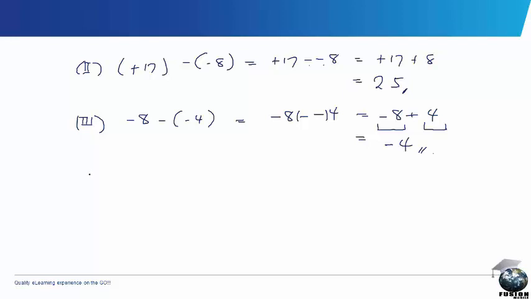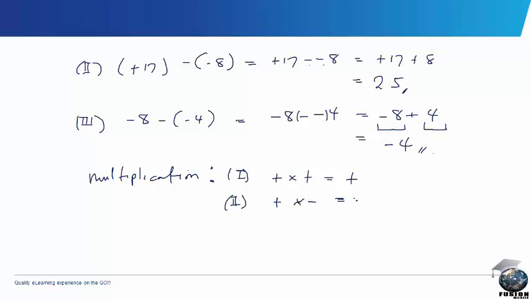In case you have questions to ask about this, we can revise what we said about multiplication. We say that in multiplication, when a positive sign multiplies a positive sign, the outcome is positive, and when a positive sign multiplies a negative sign, the outcome is negative.